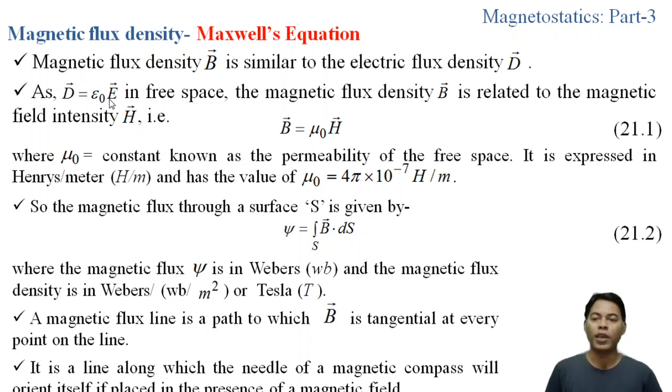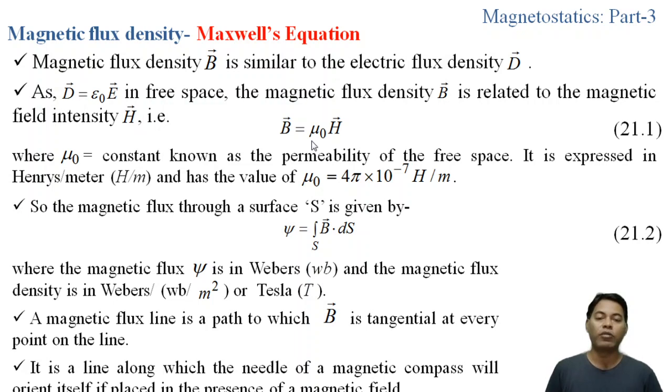In the same way, for the magnetic flux density, which is generally denoted by the capital B, we can define it. The magnetic flux density B is related to the magnetic field intensity H by expression 21.1.